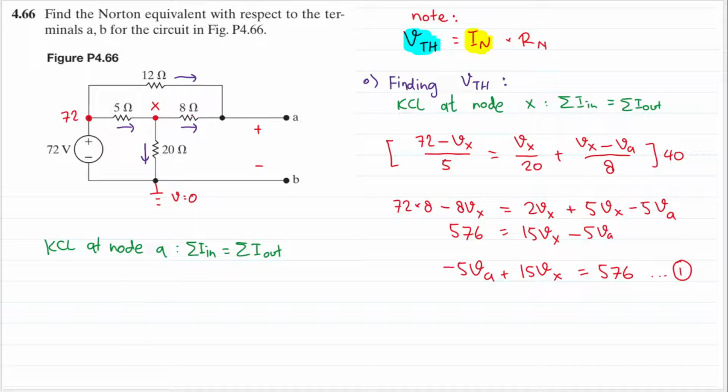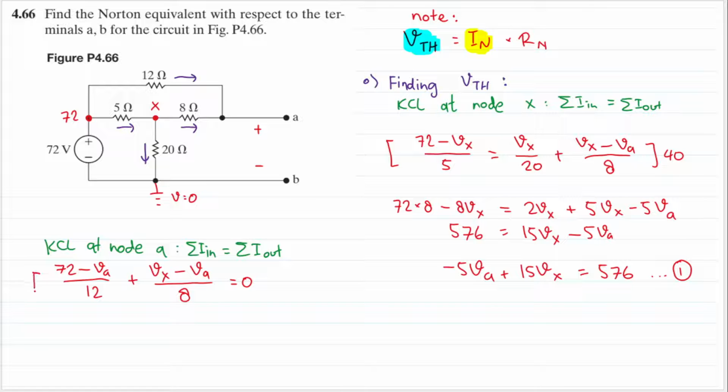But yeah, let's do this first. So we will have 72 minus VA divided by 12, plus Vx minus VA over 8. Yeah, this is the current that goes in. There is no current that goes out, so that will equal 0.